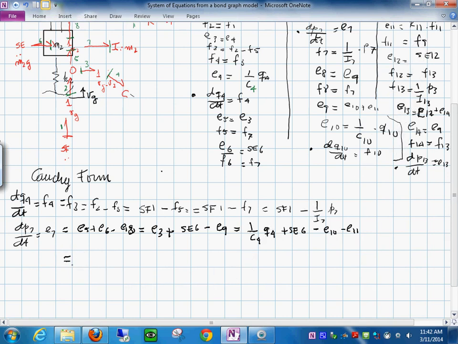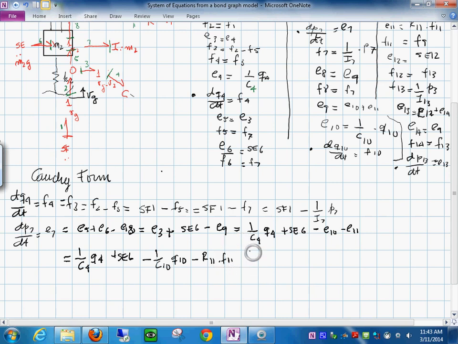R11 over, so let's just write it down. 1 over c sub 4 q sub 4 plus se6 minus e10, so that is 1 over c10 q sub 10. Then finally minus e11, which is R11 times F11.